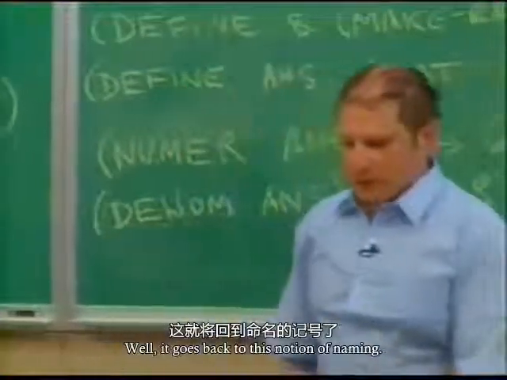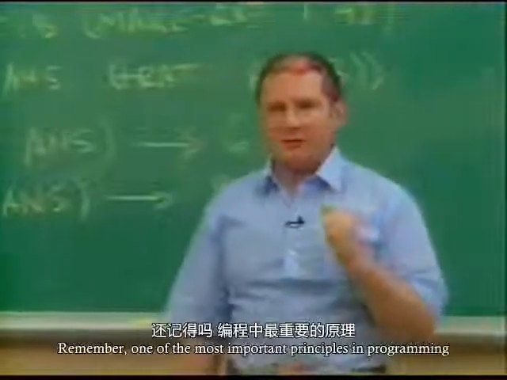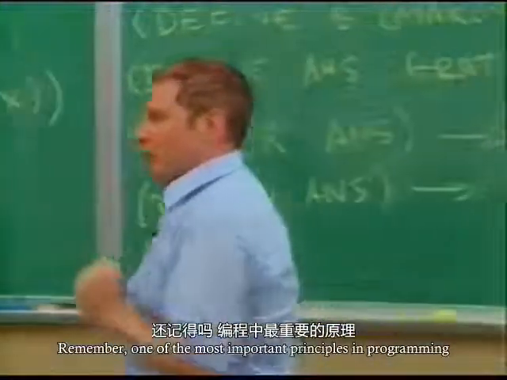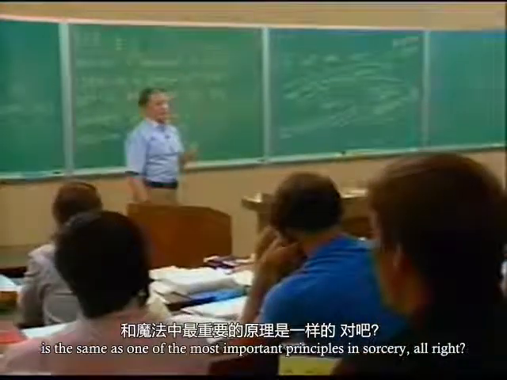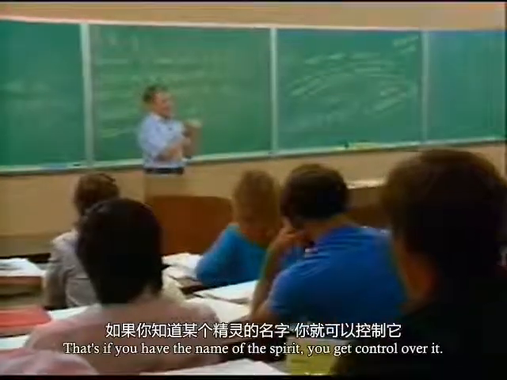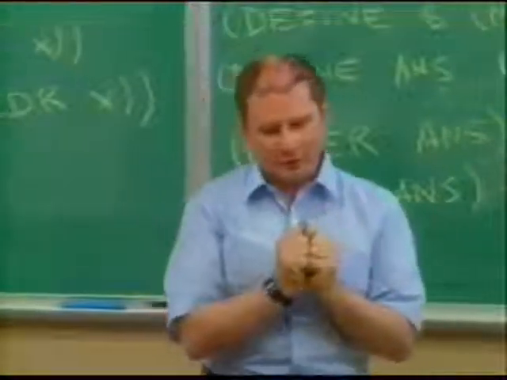Well, it goes back to this notion of naming. Remember, one of the most important principles in programming is the same as one of the most important principles in sorcery. That if you have the name of a spirit, you get control over it.